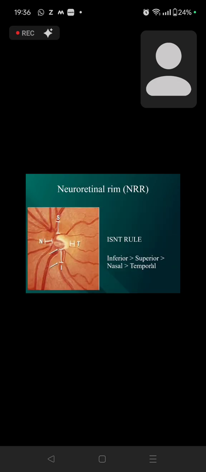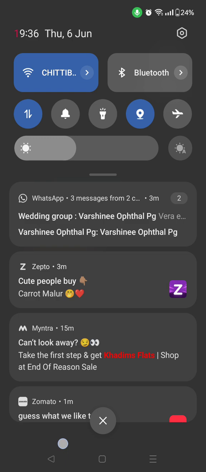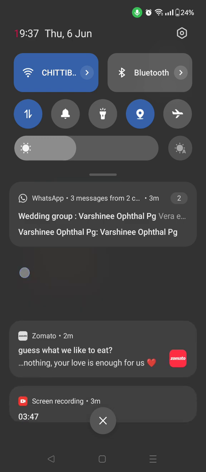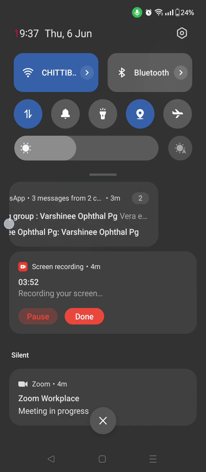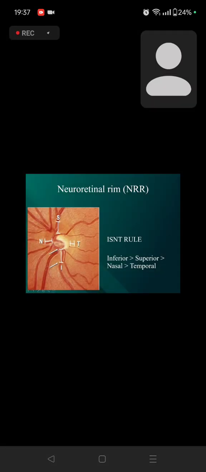Next, come to the neuroretinal rim. As I told, the neuroretinal rim will be more prominent in the superior and inferior quadrants. So what is the neuroretinal rim? It is nothing but the optic nerve tissue which is present between this margin and the cup. The cup is the shallow depression which consists mostly of glial tissue present in the center, and this neuroretinal rim consists of the optic nerve fibers.